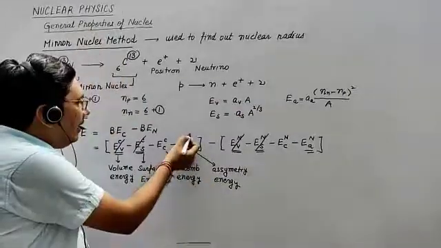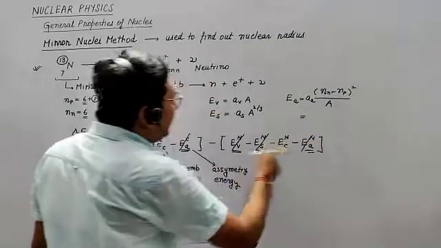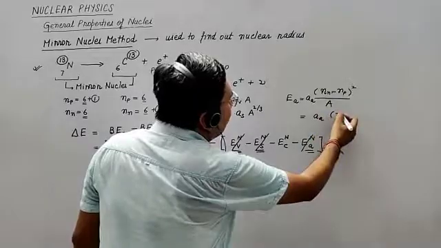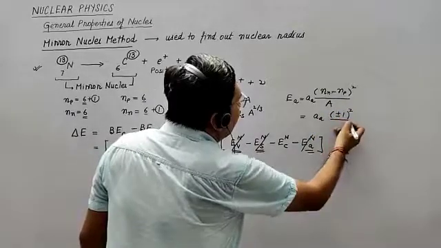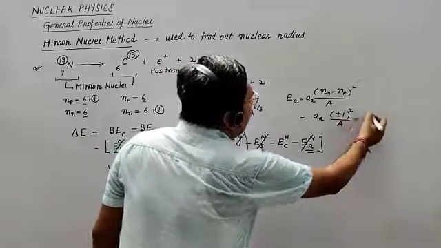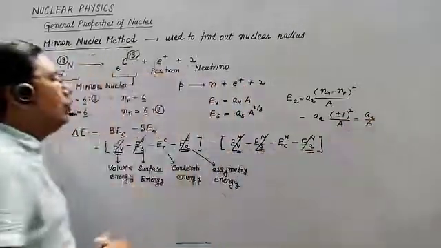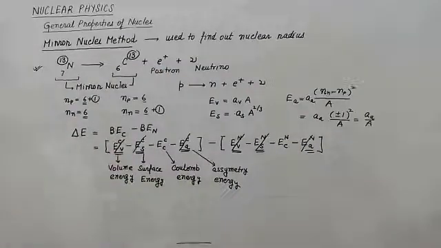So this EA will also be cancelled out. Whether you write +1 or -1, the value will be the same, just AA upon A. So this will be the same for both the nuclei, and these three terms will be cancelled out.